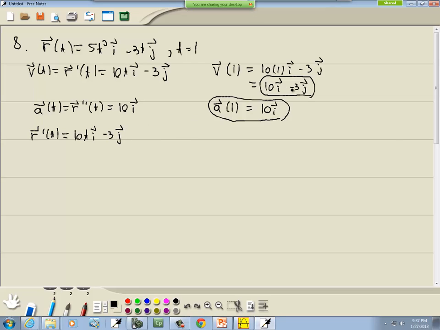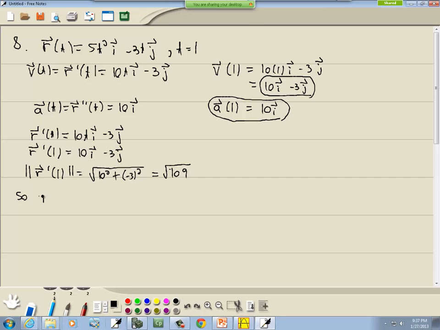I'll plug it in again so you can see it with our notation. So we're plugging in t equals 1, which gives us 10i minus 3j. Then we want the magnitude of r prime of 1, which is the square root of 10 squared plus negative 3 squared, that's the square root of 109.